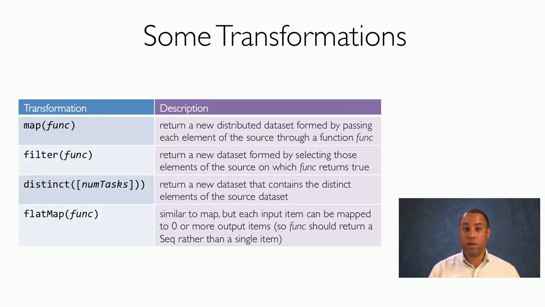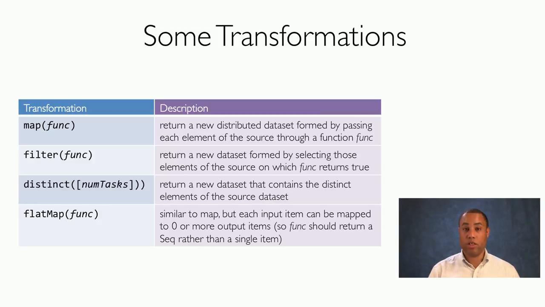So let's look at some examples of transformations. There's the map transformation, the filter, distinct, and flatMap transformations. The map transformation returns a new distributed data set that's formed by passing each element of the source through a function. Filter returns a new data set that's formed by selecting those elements of the source on which the function returns true.